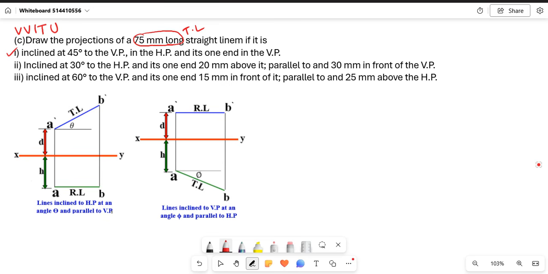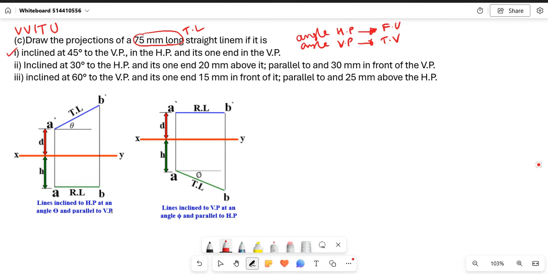The logic is very simple: we need to mark the angle with HP. Whenever an object makes an angle with HP, that angle we can observe in the front view only, whereas the angle with VP we can observe in the top view.